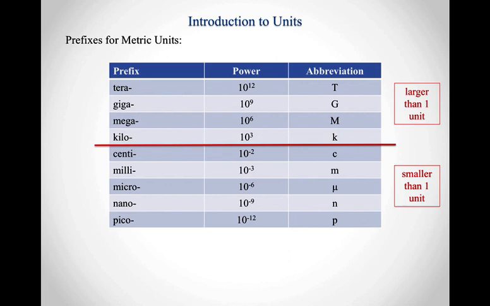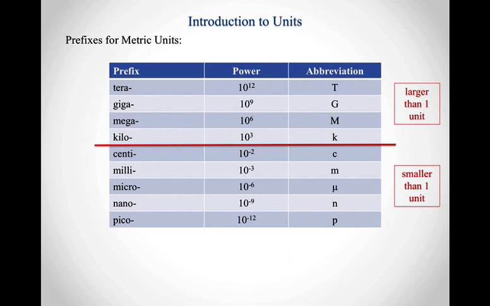That's milli. So a milligram is 1,000 times smaller than a gram, and a kilogram is 1,000 times bigger than a gram. Whether you've got a plus sign or a minus sign in your power of 10 tells you whether you have a unit that's getting bigger or smaller. And we'll want to know all these abbreviations.